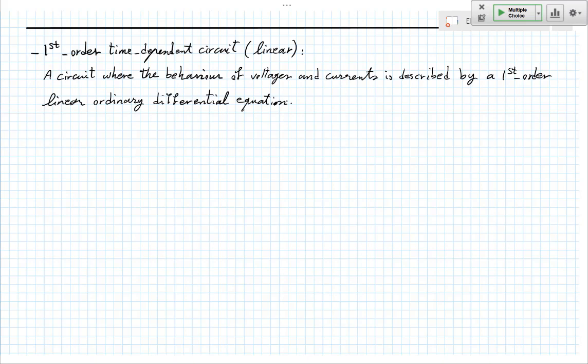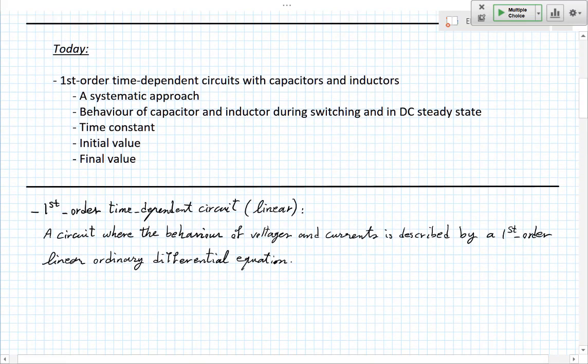Okay. So that's what we mean by first-order circuits. And like I said, typically you would encounter something that has one capacitor or one inductor, or a simple combination of capacitors or that of inductors. Now, the systematic approach to solving these circuits is nothing new.